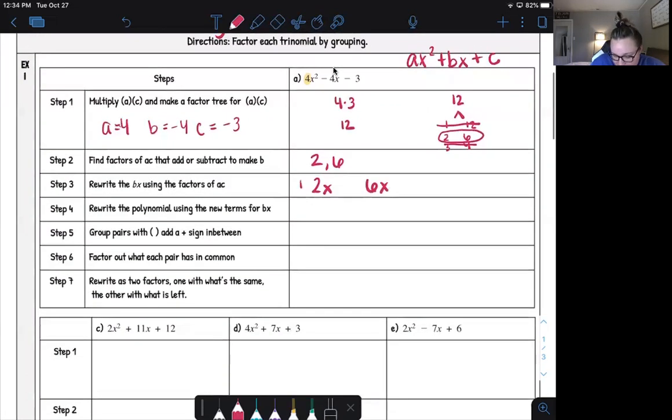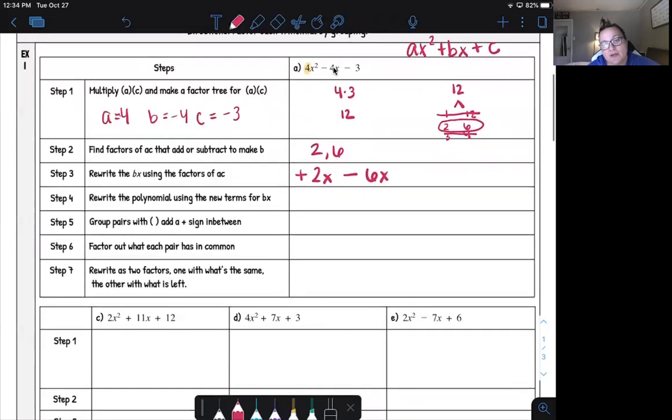Well, if I take a positive 2x and I subtract 6x, I would get -4x. Then I'm going to rewrite the polynomial using the new terms for bx. So we're going to write 4x squared, and we're going to replace the -4x with positive 2x and -6x, and then we keep our -3 constant.